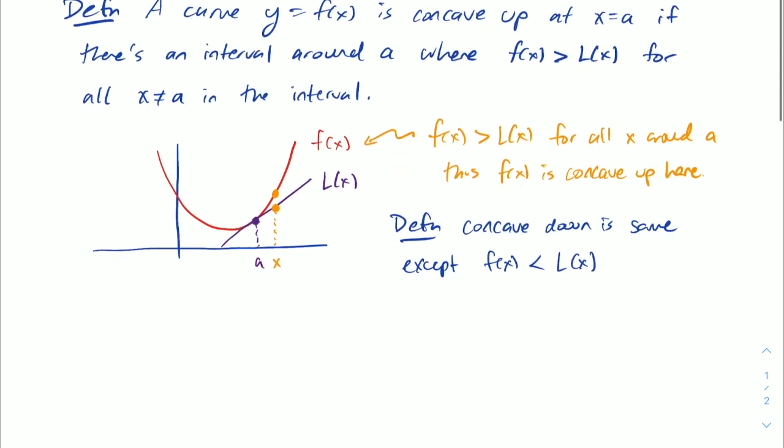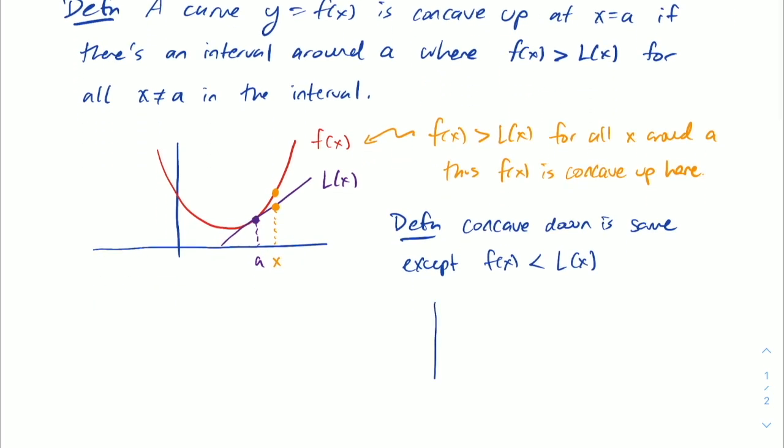Let's draw a picture here. So we have a curve, we have a point of tangency here. You can see that L of x is greater than f of x, or f of x is less than L of x, for x that's near a here.